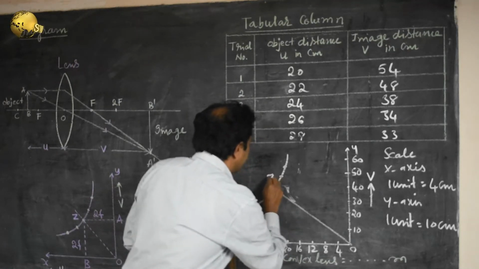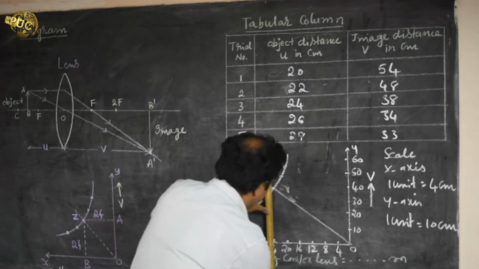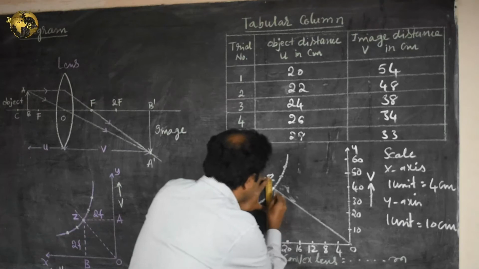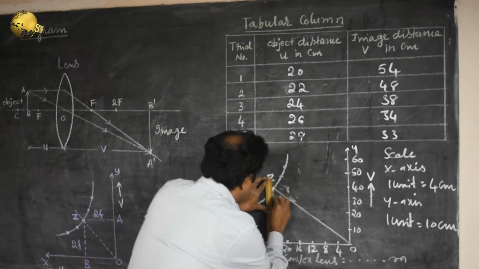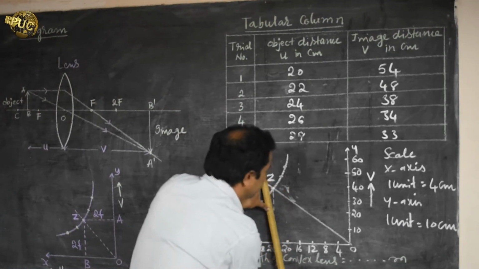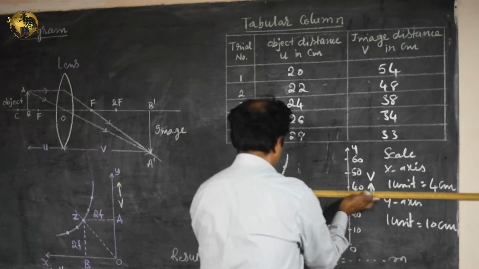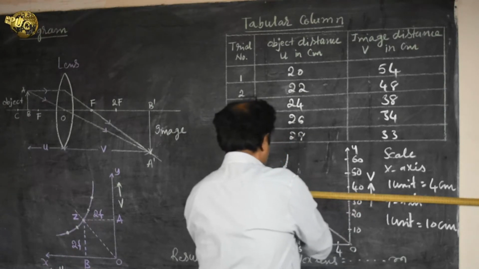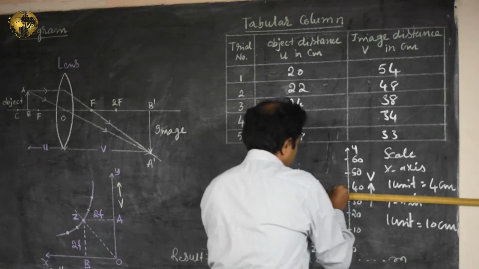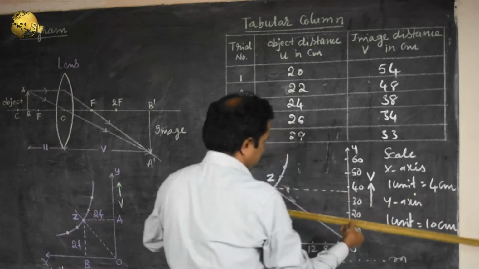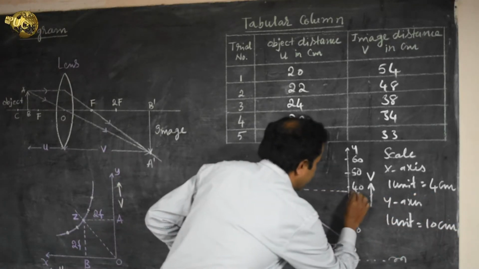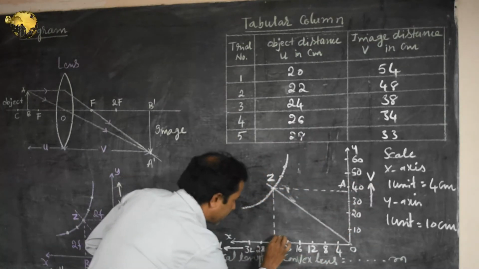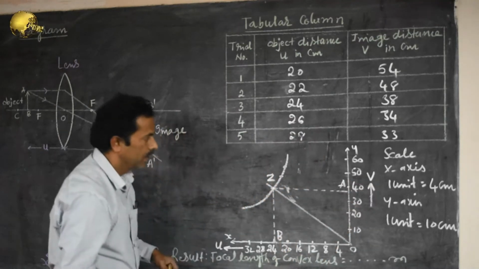This point will be taken as Z. Now draw the perpendiculars from this point to the x and y axes. This point will be mentioned as A and this point as B.